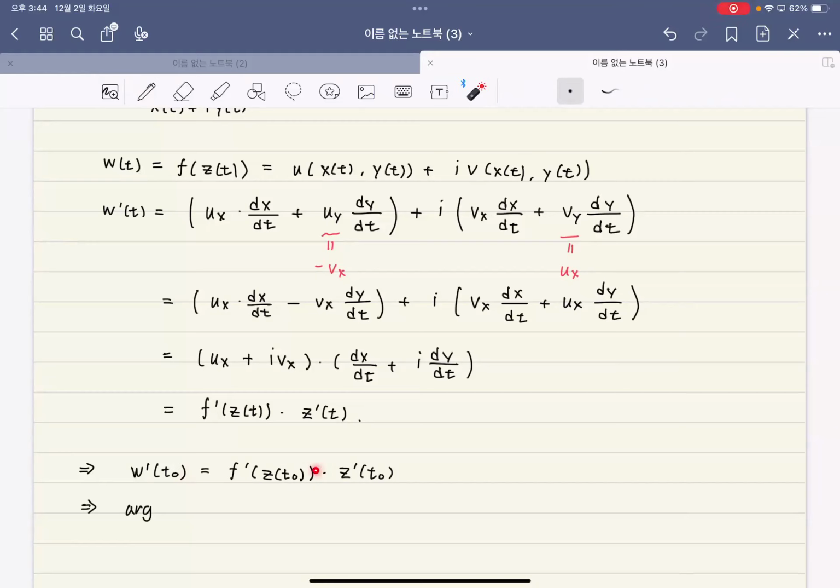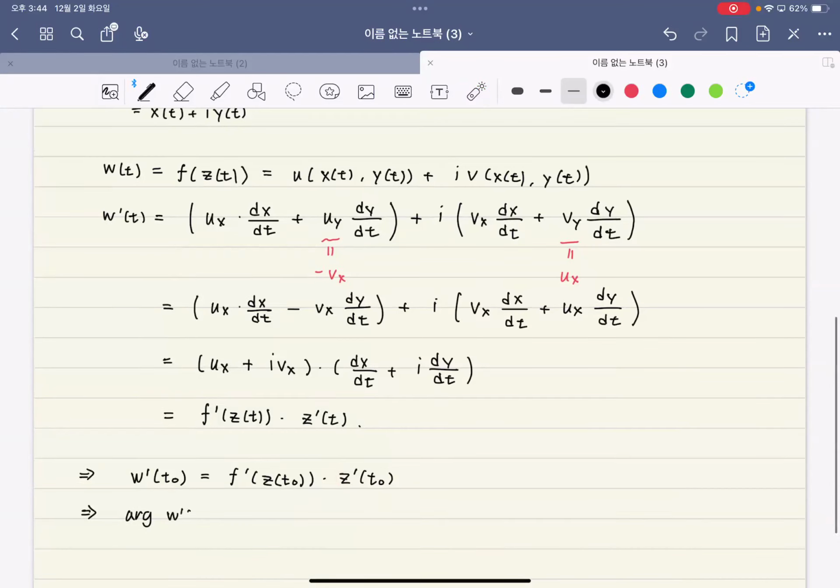So if you take the argument of the product of two complex numbers, then its argument is going to be the addition of these two arguments.